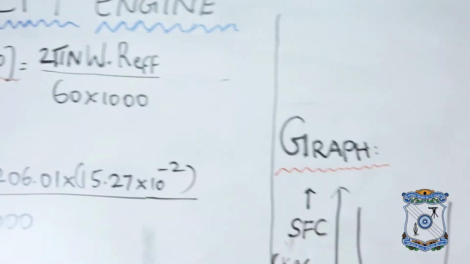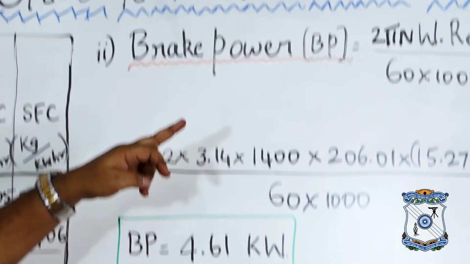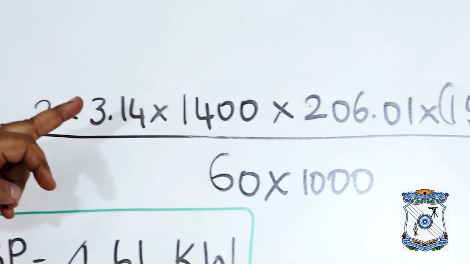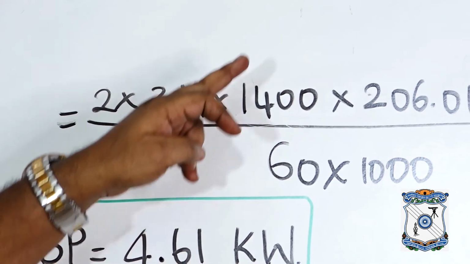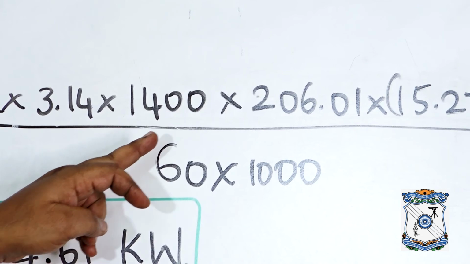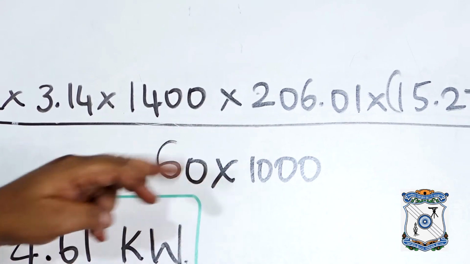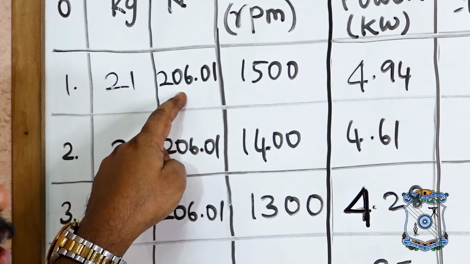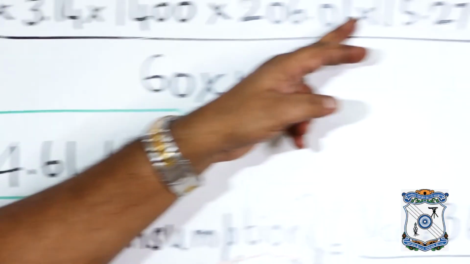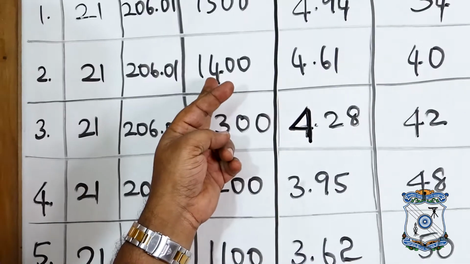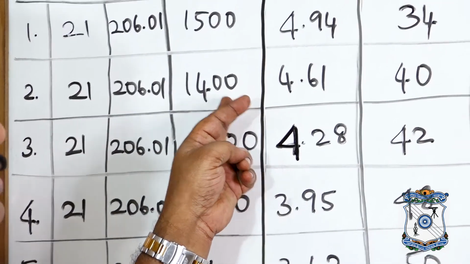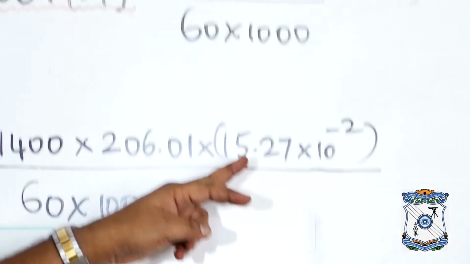This is the formula for brake power, that is 2 pi n into W into R effective divided by 60 into 1000. So 2 into pi into W, which is taken as the load, that is 206.01, into R effective. n is the speed; we have assumed for the second set of calculation the speed is 1400.